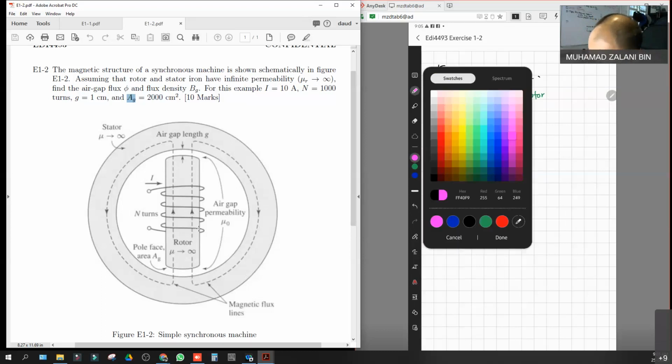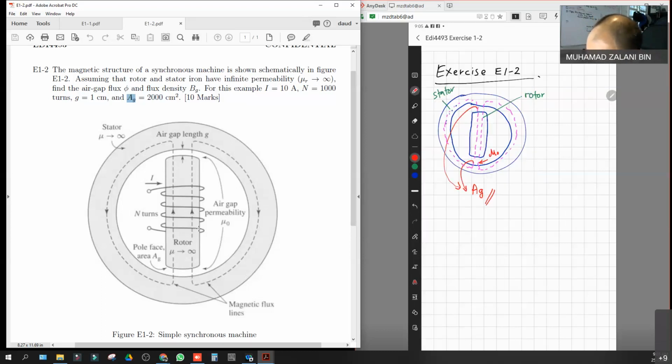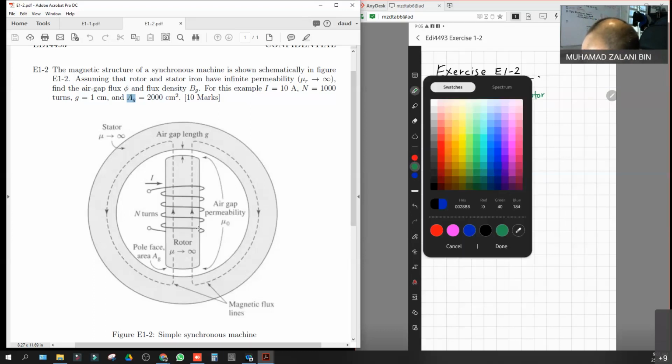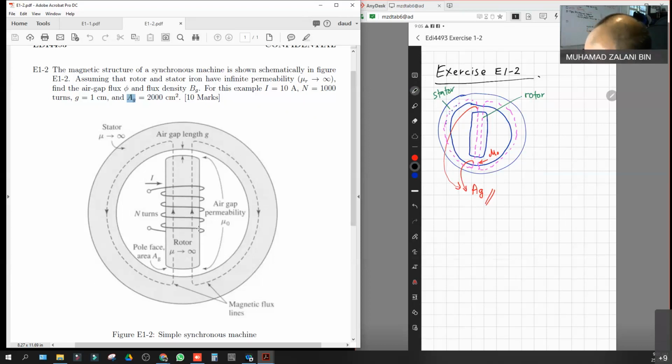I don't have more colors, just the black one. And then this particular machine has a wire winding, supplied by current I, and it has n number of turns. So that's all the information given.